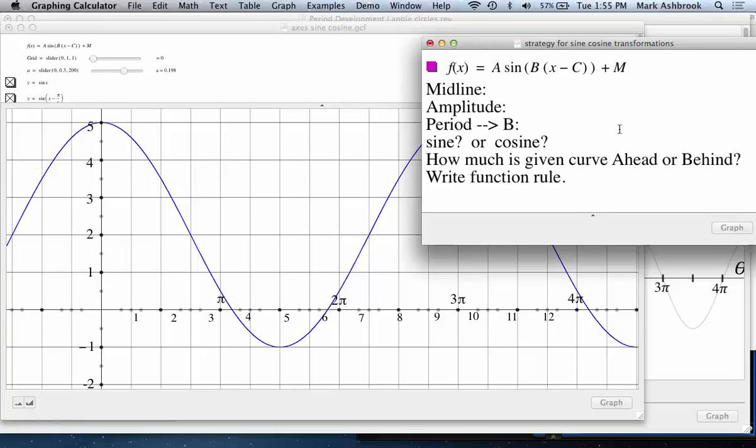Then we decide, do we want to model it with a sine or cosine? After we decide that, we decide how much our curve is ahead or behind the standard sine or cosine without a shift. That amount ahead or behind will allow us to write the argument angle, and then we're ready to write the function rule.